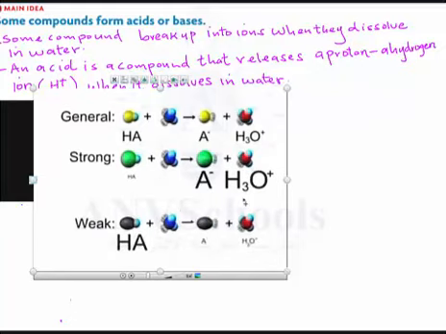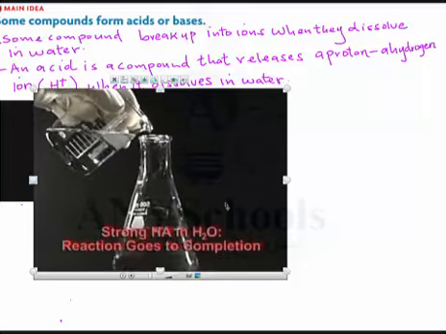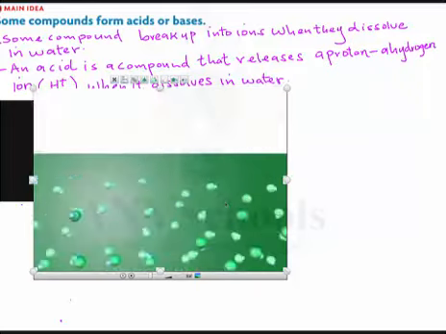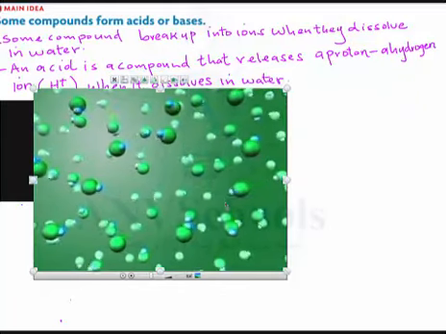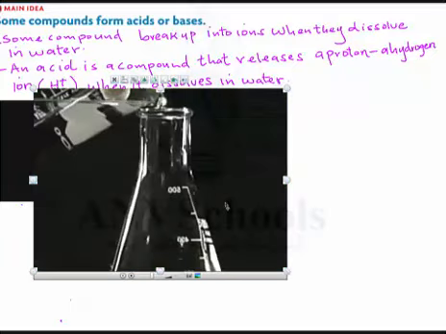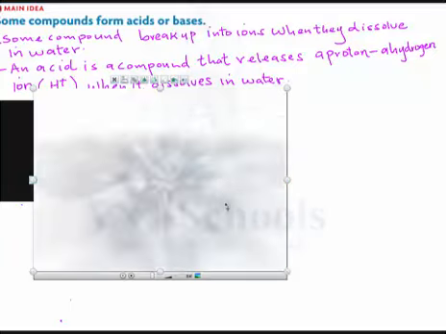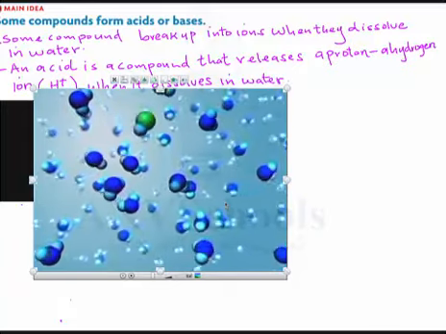So the more of these ions, the more acidic the compound will be. If it is negative, it will be less acidic. And if it is positive, a proton, it will be more acidic. The same applies to hydrogen.